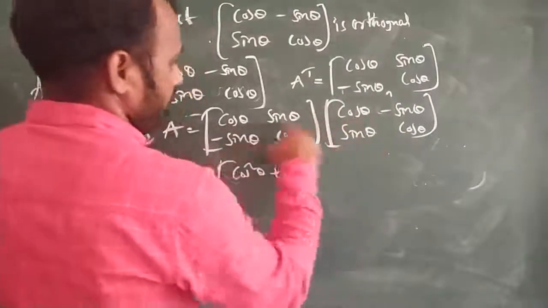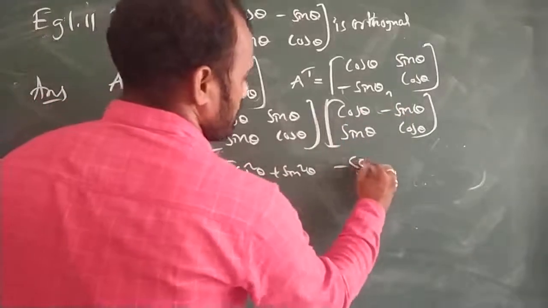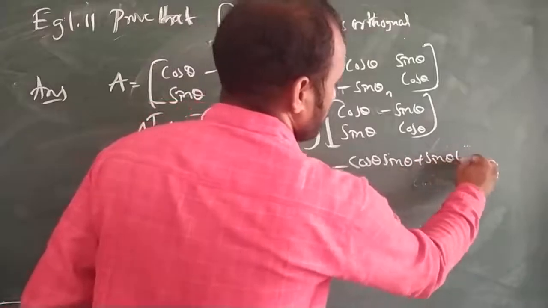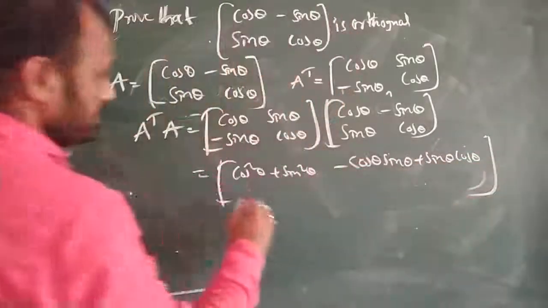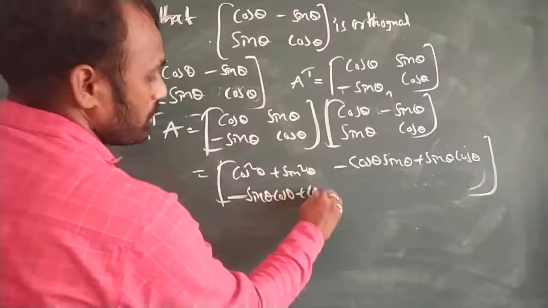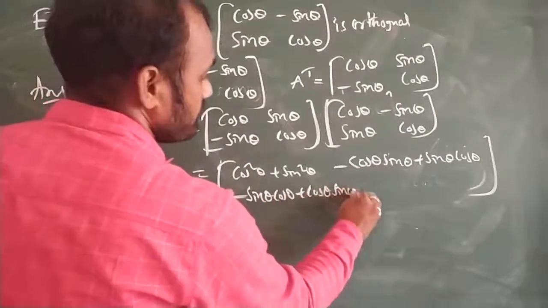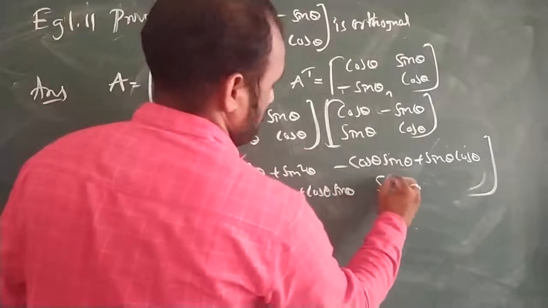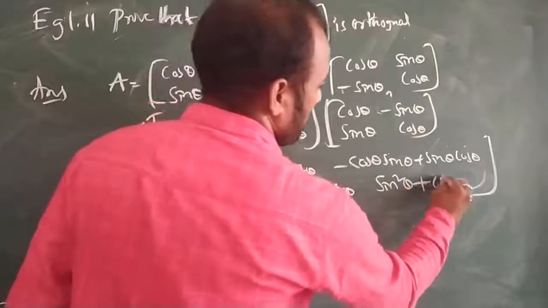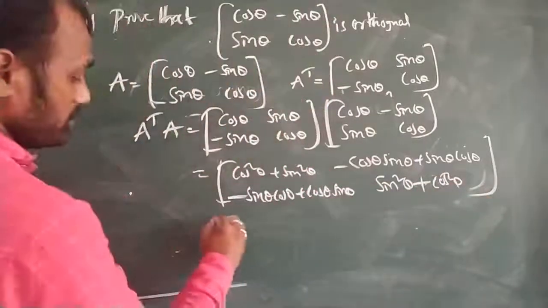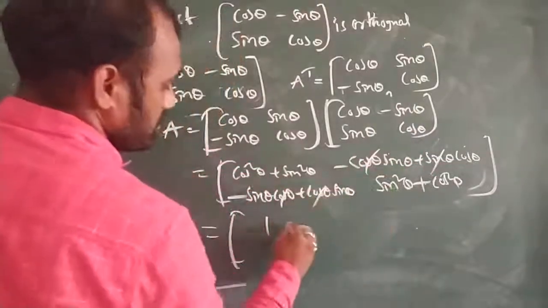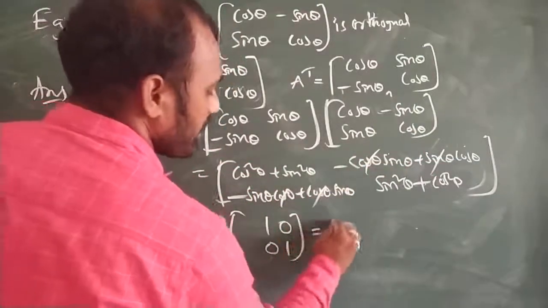Next, minus cos theta sin theta plus sin theta cos theta, then minus sin theta cos theta plus cos theta sin theta, and minus into minus plus sin square theta plus cos square theta. Here we get the identity 1, and these two get cancelled. So 0, 0, 1. I got it as I.